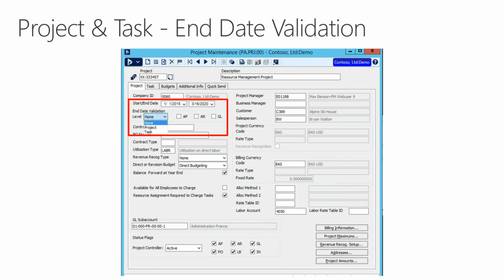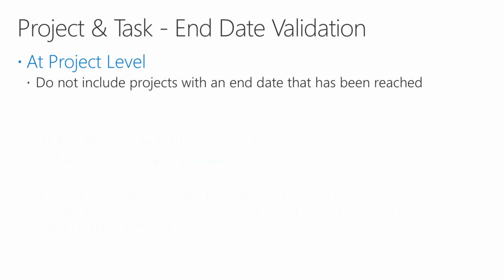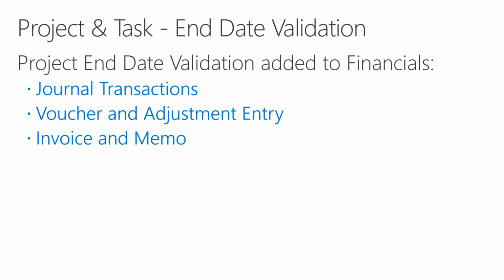And that's exactly what we've done. We've added the checkboxes that you see on the screen so you can turn on where this is going to be. We talked about this already, but what does this mean? What's touched in GL, AP, AR? Well, the journal transaction screen, that means when we go past that end date, that project or that task will not show up once it gets past that date. The same with the voucher adjustment entry, and the same with the invoice and memo. So you can see just taking a good idea, getting good feedback, and we kind of plan this one out to be able to expand it into other areas of the project as well.